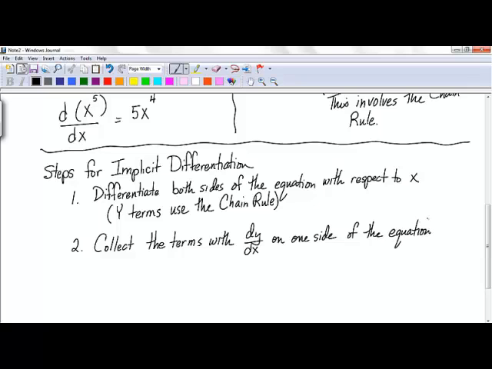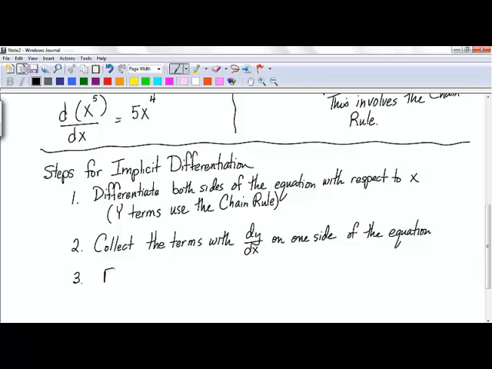So every term that has a dy over dx in it, or derivative of y with respect to x in it, you're going to get those on one side of the equal sign. Okay? And that's really what you're trying to solve for. You're trying to find the derivative.